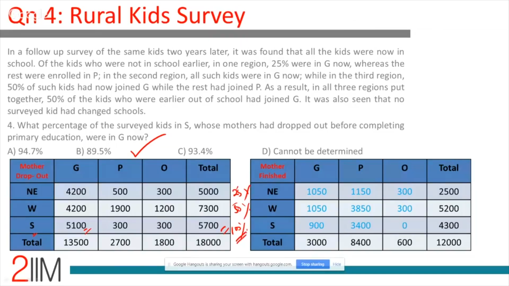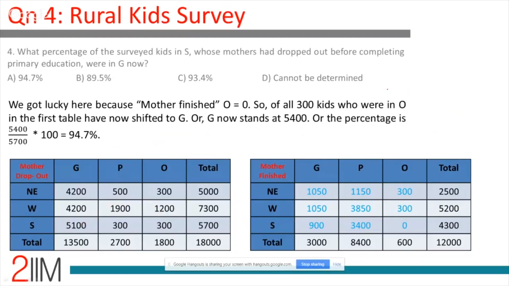It's 100%. Means all 300 went here. We had 5,100 to start with, plus 300. 5,400 are going to be in G in the southern region. We want this as a percentage out of 5,700. So 5,400 by 5,700 into 100.